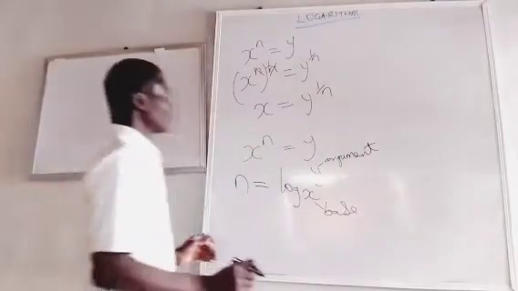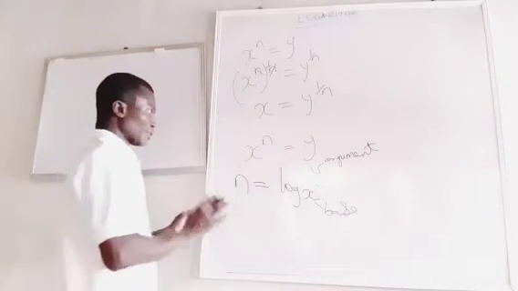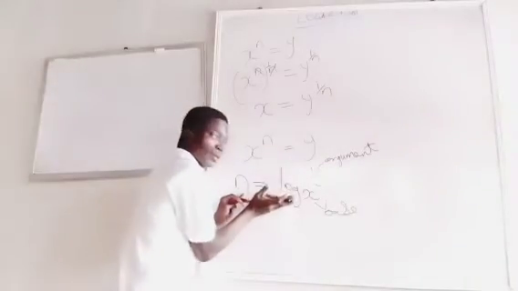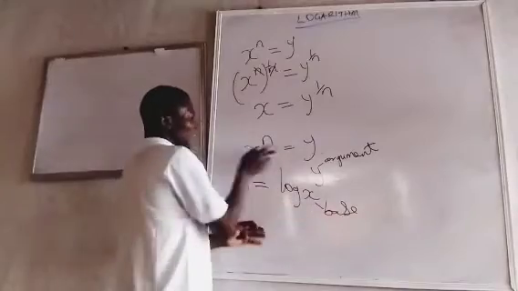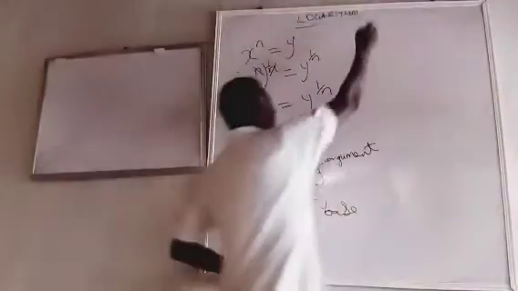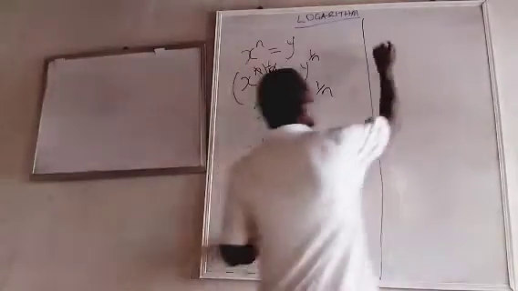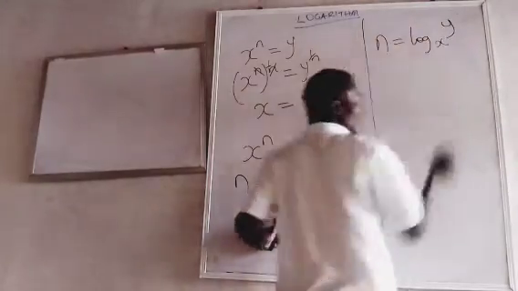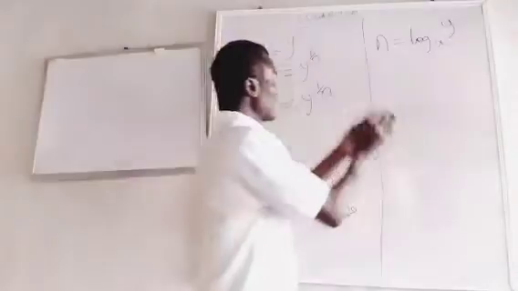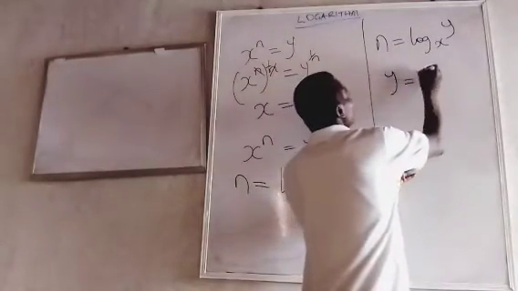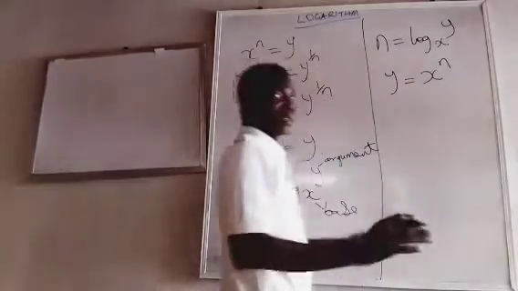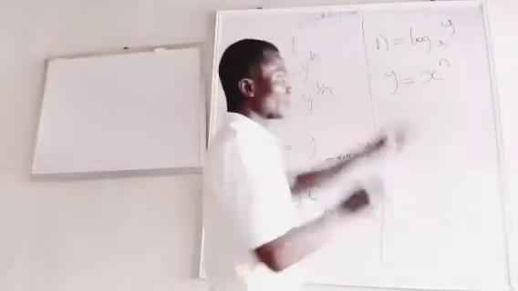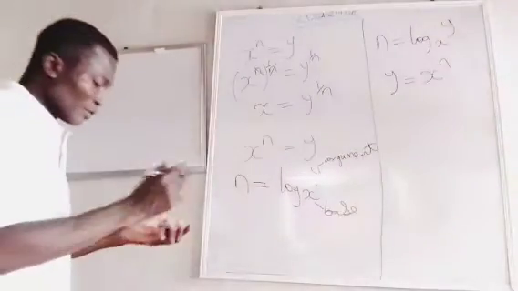So I just want you to have this picture, this relationship and this one. Anytime you see this, automatically rewrite it like this. What am I saying? Anytime you have n equals log y to the base of x, automatically this means that y is equal to x raised to the power of n. That's all. Just have this in your mind. Once you can do this, everything in logarithm will be child's play.